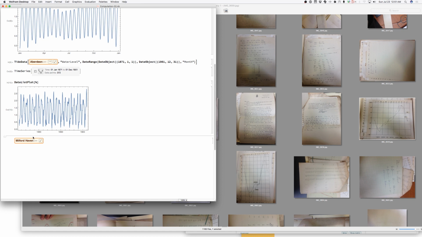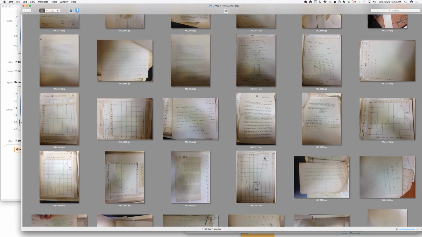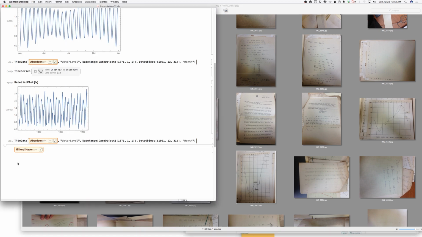So let's do the daily prediction. Well, what was that for actually? Let's just look at the tides for Milford Haven, 1900.